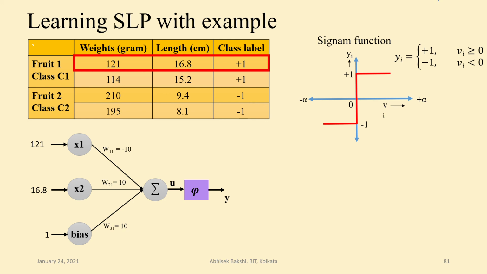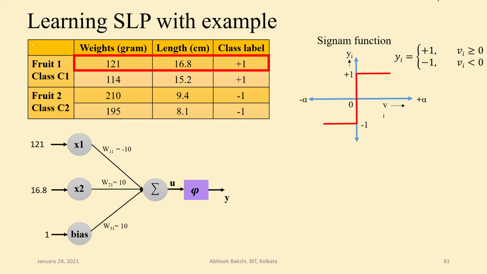Among these three input neurons, one is fixed with value +1, representing the bias, and the other two take the feature values from the class.